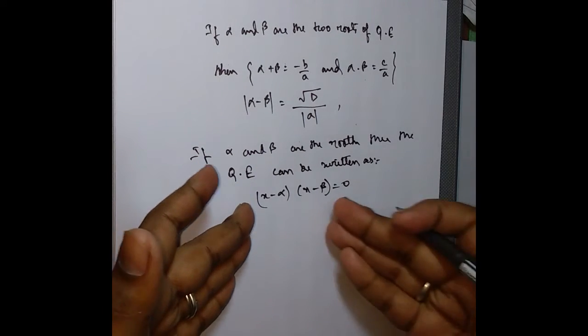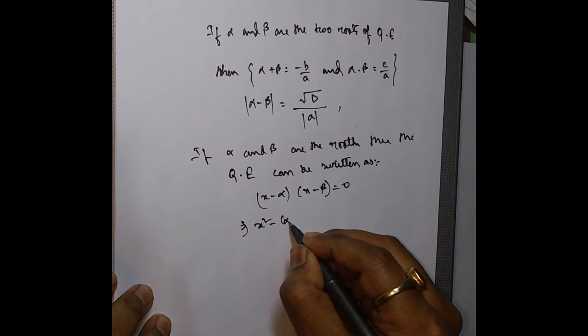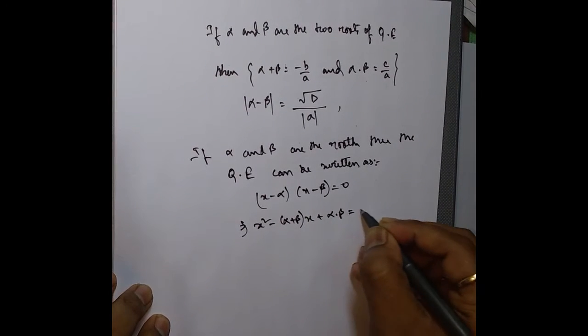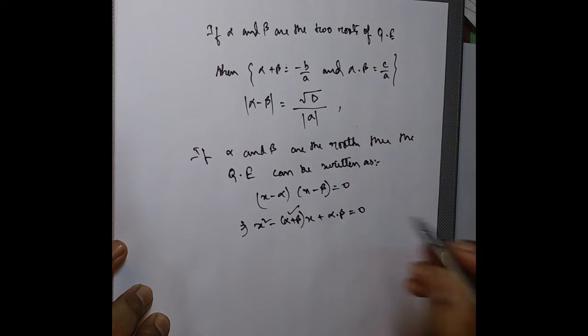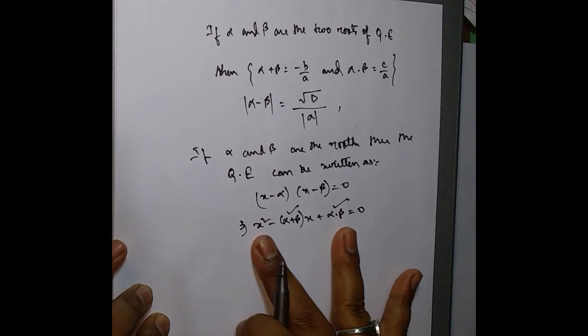Which when we break it, is x square minus alpha plus beta times x plus alpha into beta. So if you know the sum of the roots and the product of the roots, you can directly write the quadratic equation.